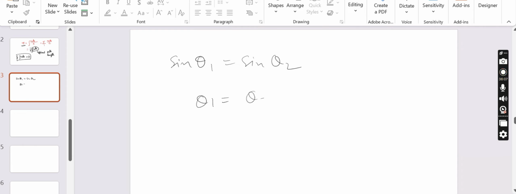Basically theta 1 is equal to theta 2 when reflection is considered. That means the angle of reflection and angle of incidence are equal, and the incident ray, reflected ray, and the normal at the surface lie in the same plane.